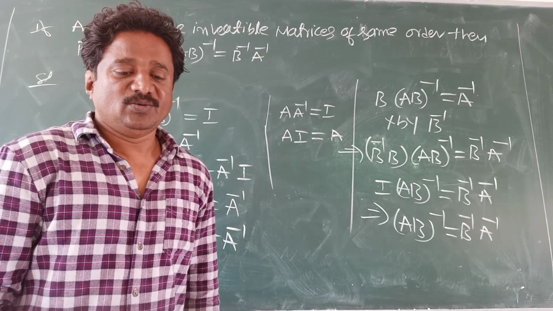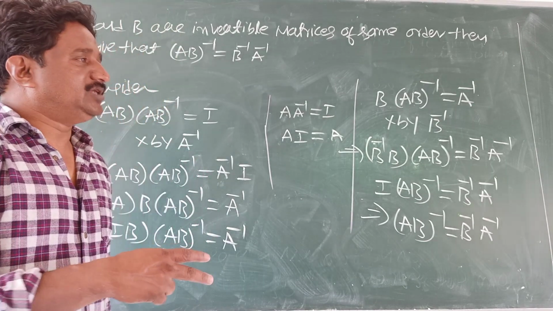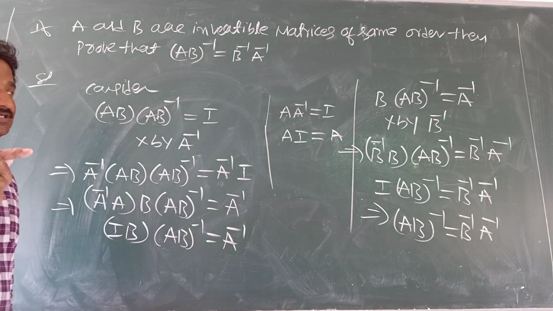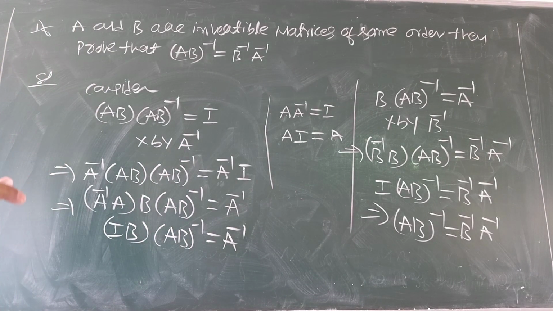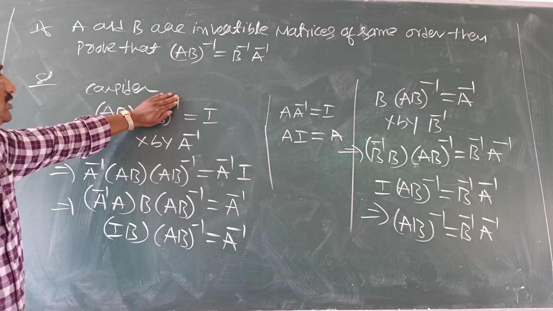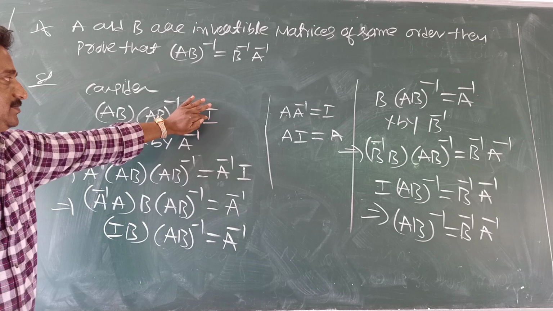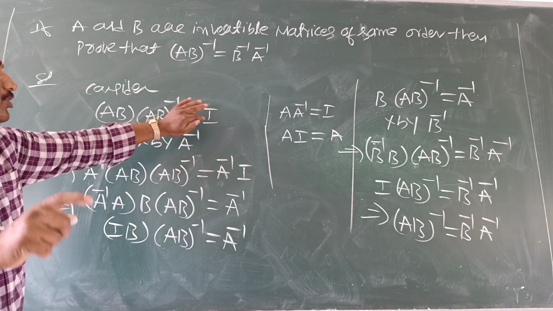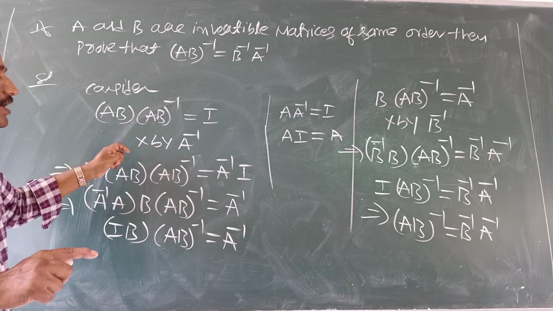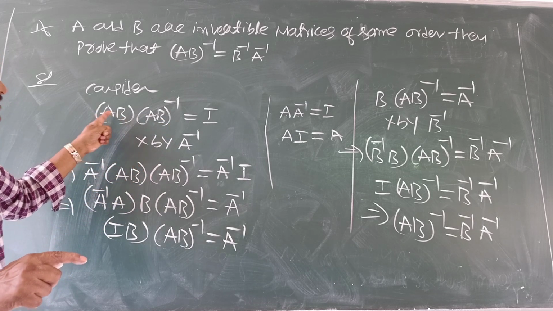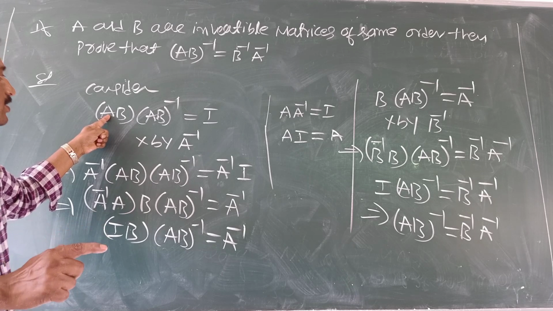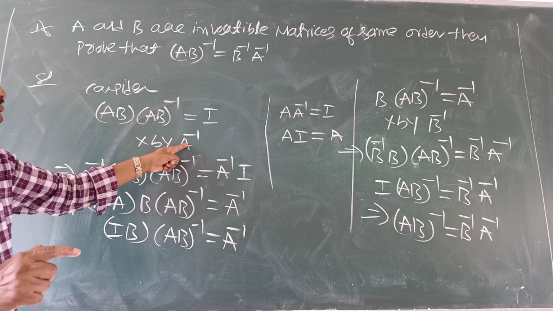Proving this is over. This question has already been asked in your annual exam. Practice this carefully. It's so easy. You start from matrix into its inverse is equal to I. Now, after taking this equation, you think of removing A and B. A can be removed by multiplying by A inverse.